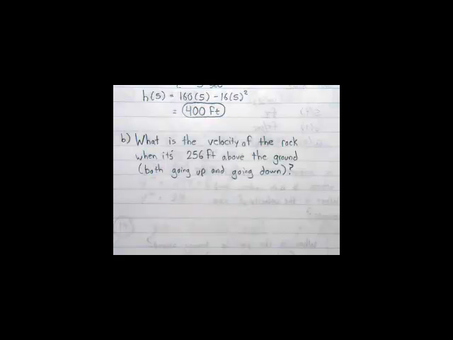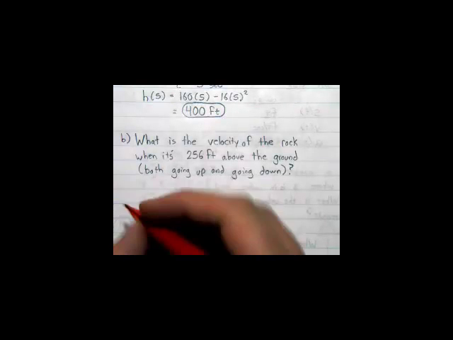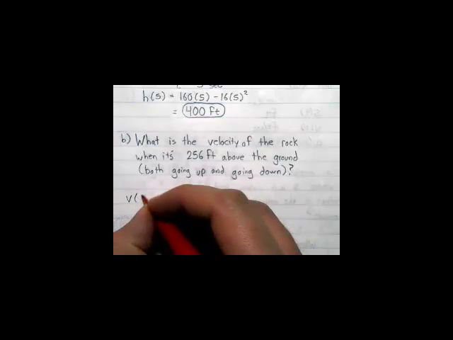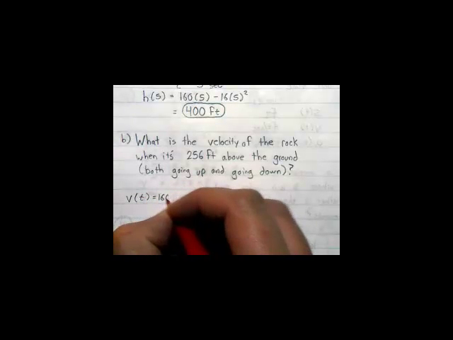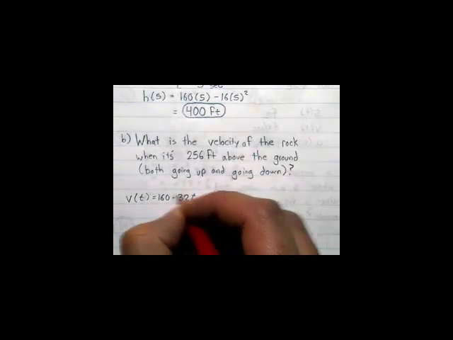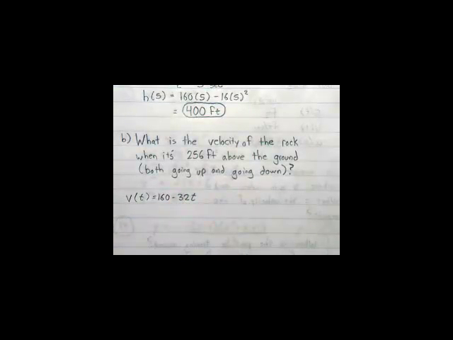So we need to figure out the velocity. And we have an equation for velocity. This 160 minus 32t. But that velocity is a function of what? Time. And was I given a time to work with here? What was I given?